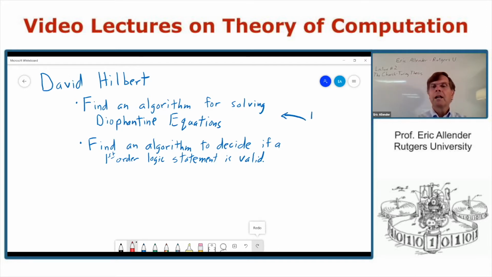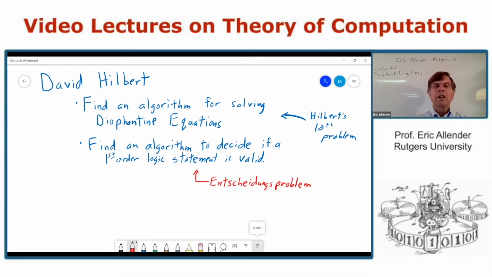Let me tell you a little more about these problems. This first one, about solving Diophantine equations, is often known as Hilbert's 10th problem. And this problem about finding an algorithm is, since Hilbert was German, called the Entscheidungsproblem, which just means the decision problem. It's an algorithm to decide.